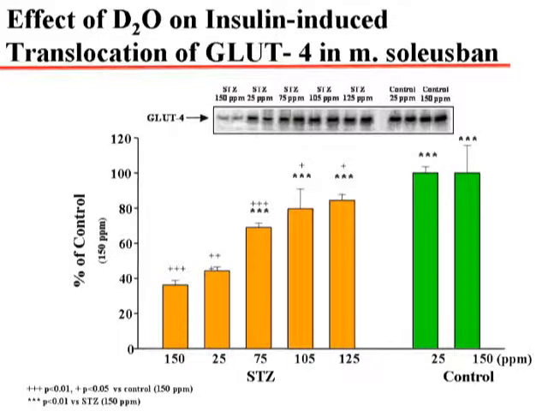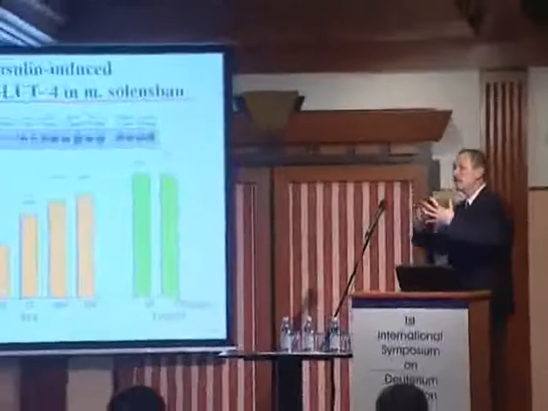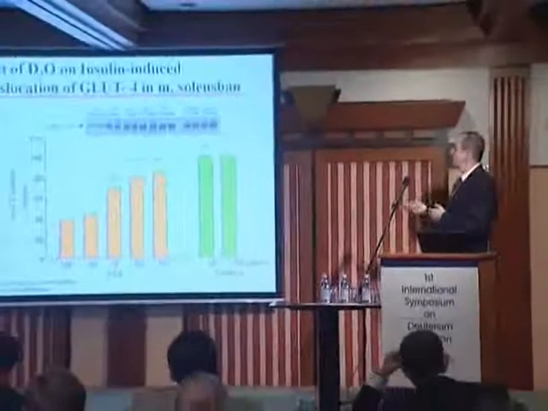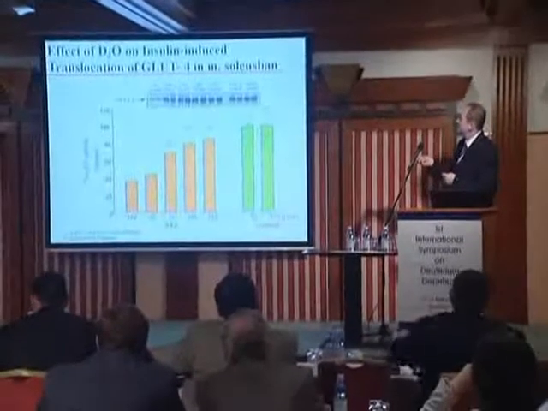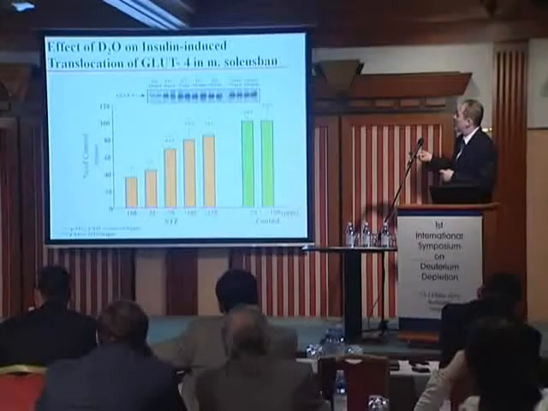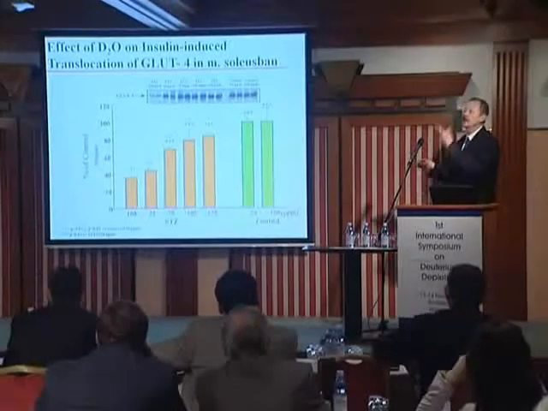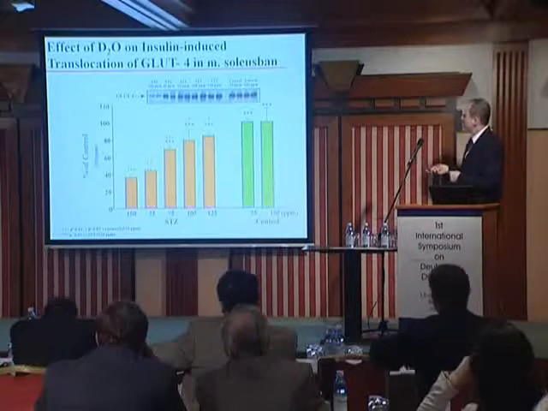And when we started to alter the deuterium content of the drinking water, the translocation of this protein to the membrane fraction increased, meaning that insulin induced this in the membrane, which can take up the glucose into the cell, where it can be utilized. These are the representative spots for the different kits. You can see some darker spots, meaning that there is more protein in the membrane induced by this insulinic effect.